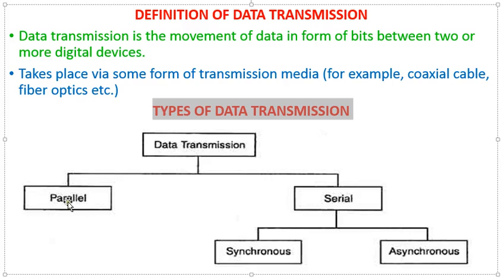Basically the main two types are the parallel data transmission and the serial data transmission. These are the divisions. But under serial also we have two types. We have synchronous means of data transmission, and we have what they call asynchronous means of data transmission.